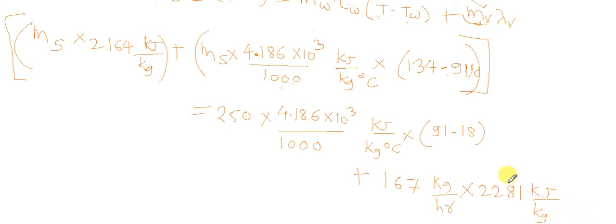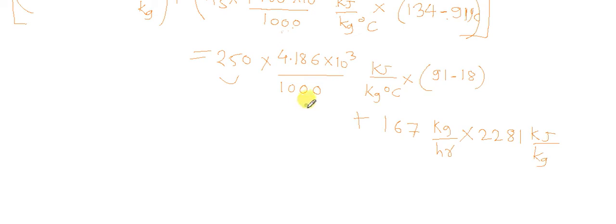Okay, so we know all these values, and from this we get this value: 4.57 into 10 raised to 5 kilojoule per hour.